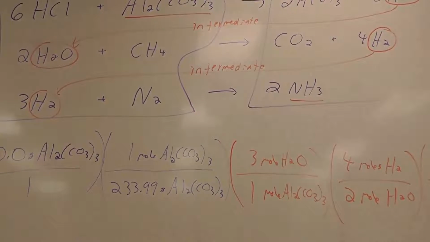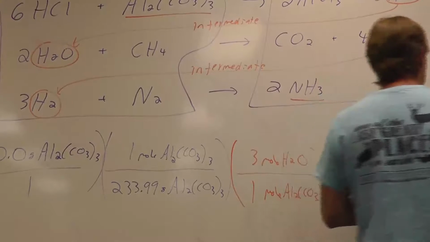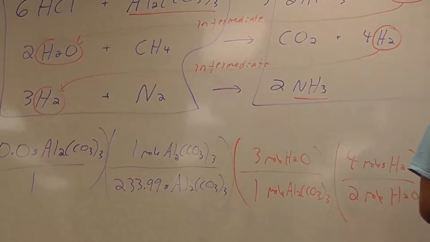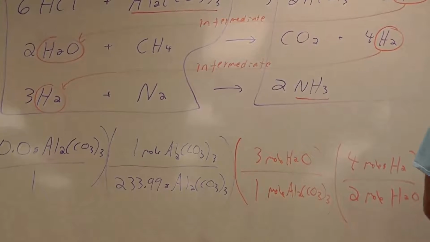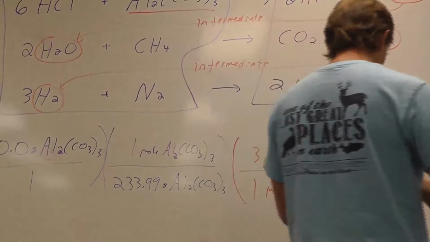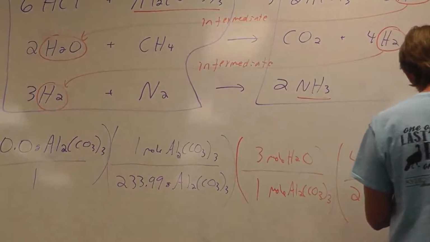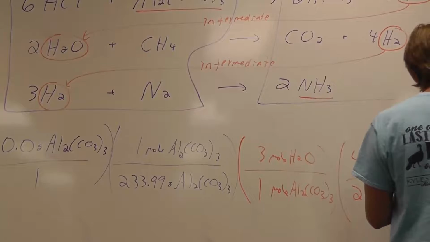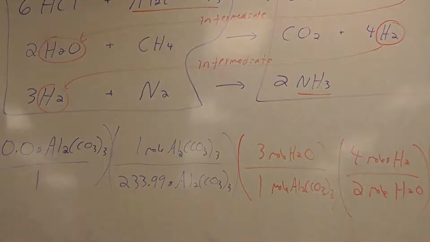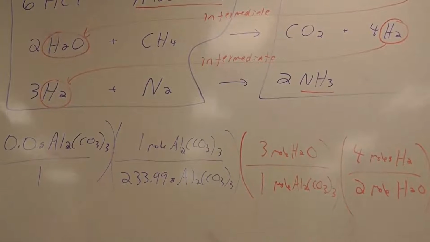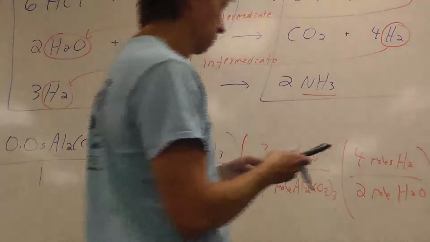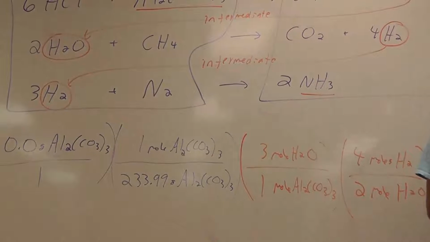And then since we want the answer for ammonia in grams, 1 mole of ammonia... 2.91.